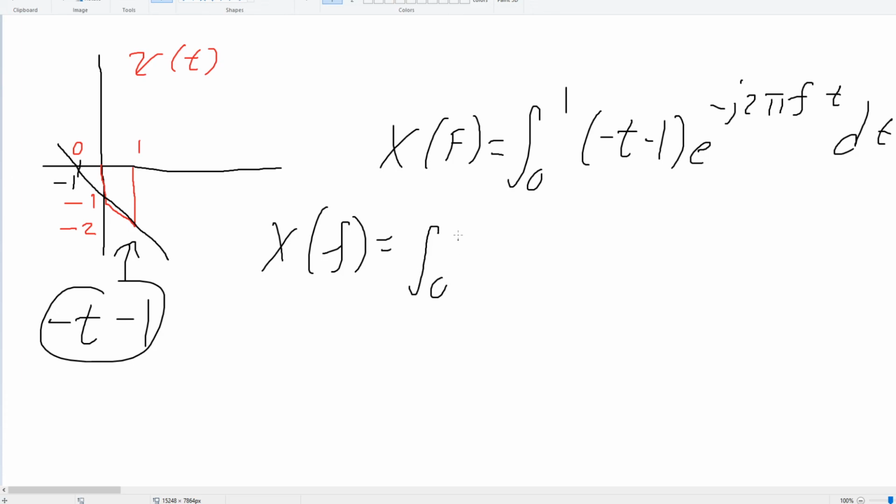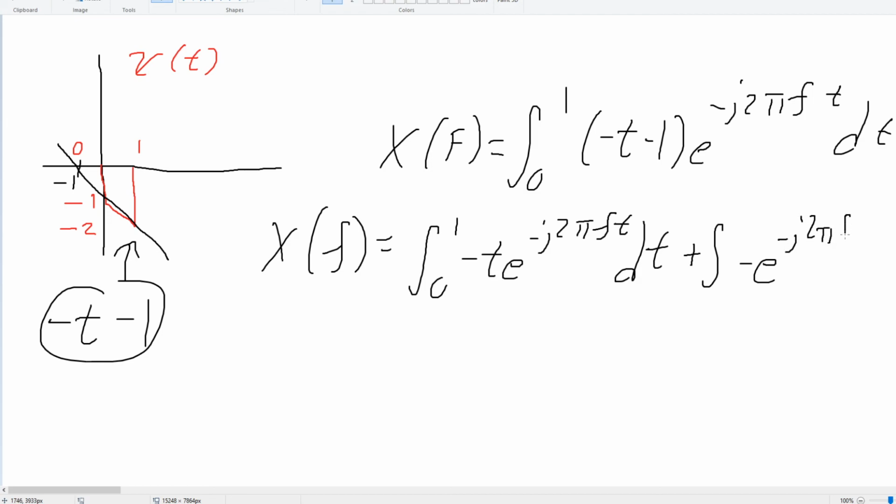So this is going to be the integral from 0 to 1 of negative t e to the negative j 2 pi f t dt, and then you have plus the integral of negative e to the negative j 2 pi f t dt, right? And we know how to integrate this, and we know how to integrate this.